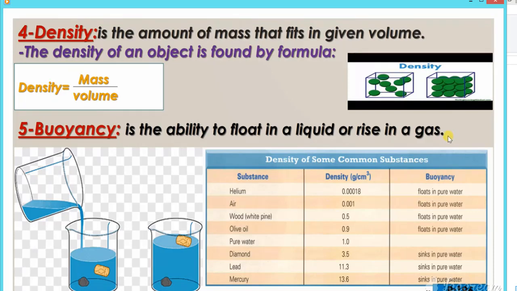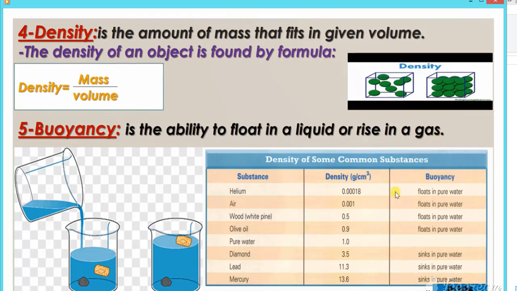A substance is buoyant if its density is less than that of the liquid or gas. The table on this page shows the densities of several substances and indicates whether or not they are buoyant in pure water. This is the definition of buoyancy. Please underline it in your book. Buoyancy is the ability to float in a liquid or rise in a gas.